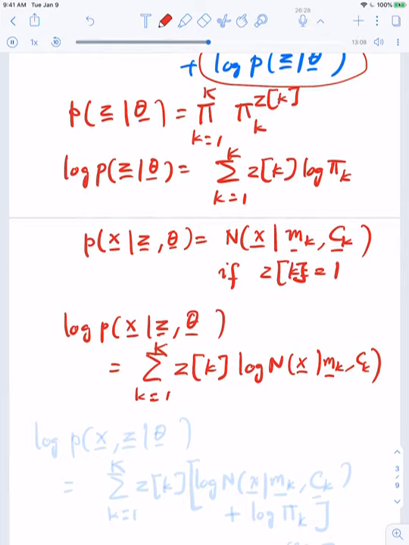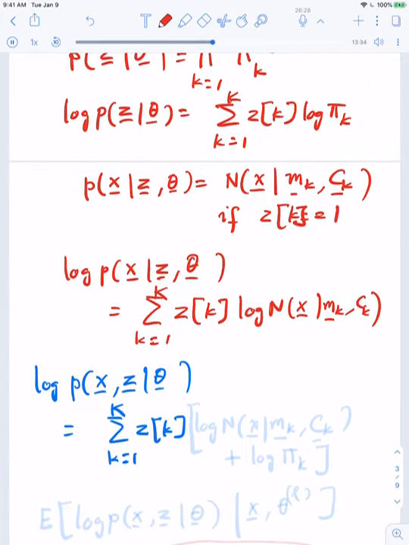So let me put it together, and let me change the pen color. For a generic example, I have log of p of x, z given theta as summation over the components z_k times log of the Gaussian corresponding to the kth component, plus log of pi_k, putting those two terms together.